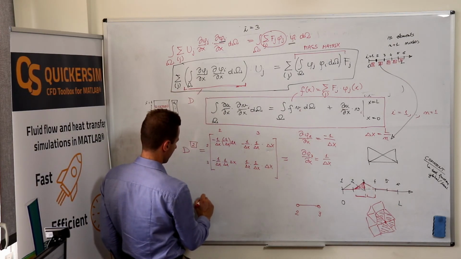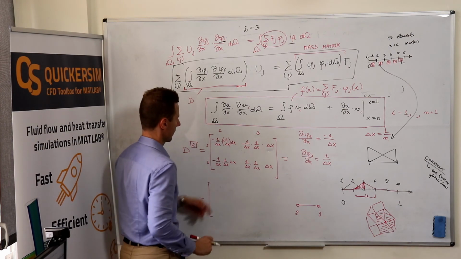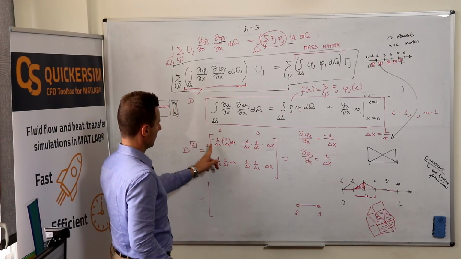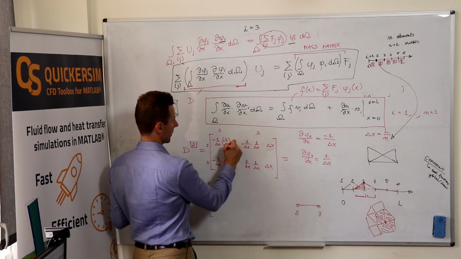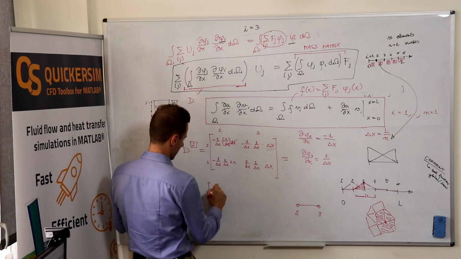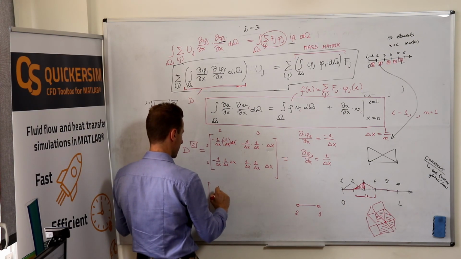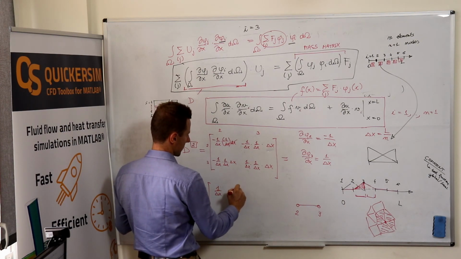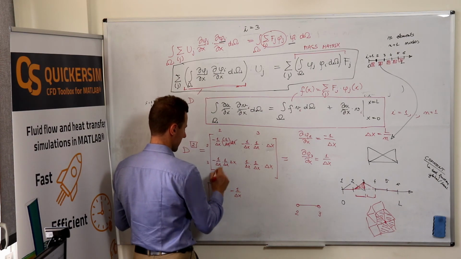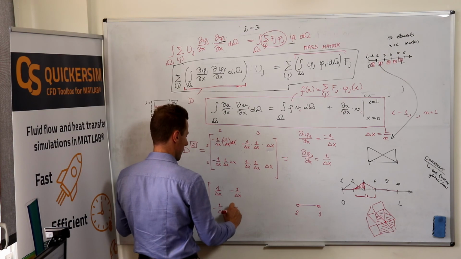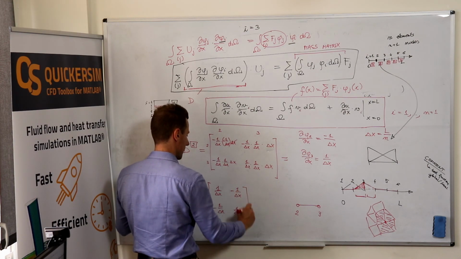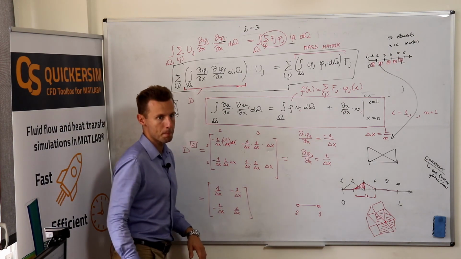Let's simplify. It's 1 divided by delta x. It's minus 1 divided by delta x. Here again, minus 1 divided by delta x. 1 divided by delta x.